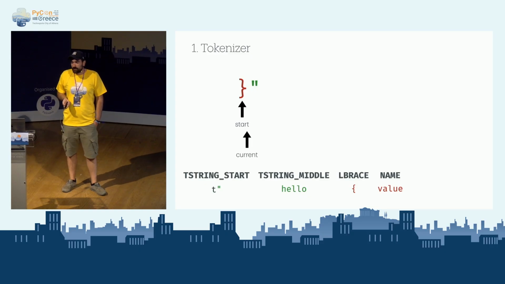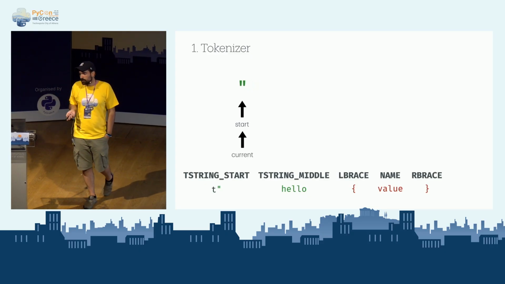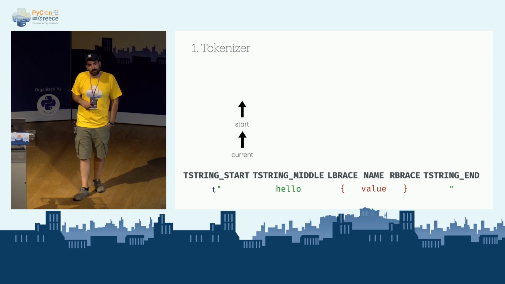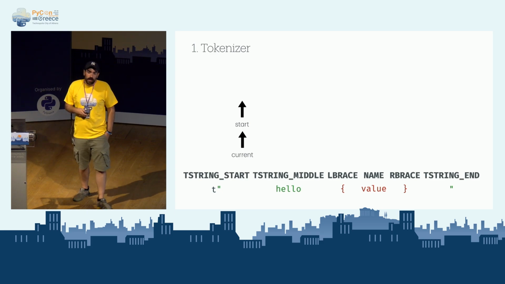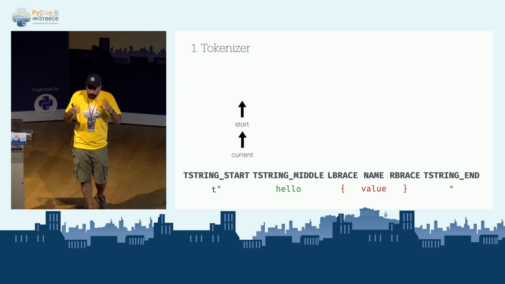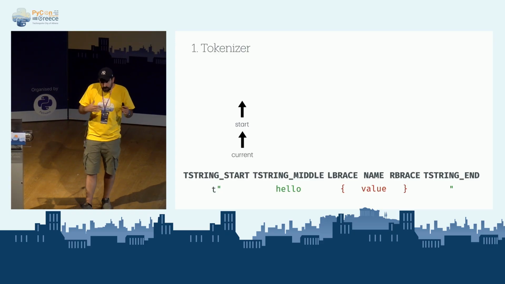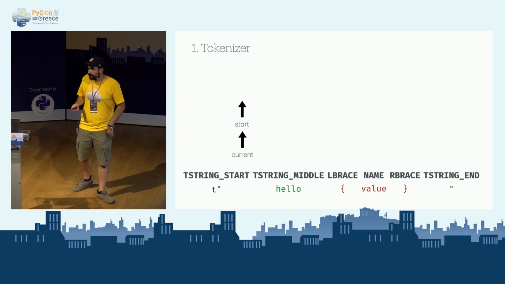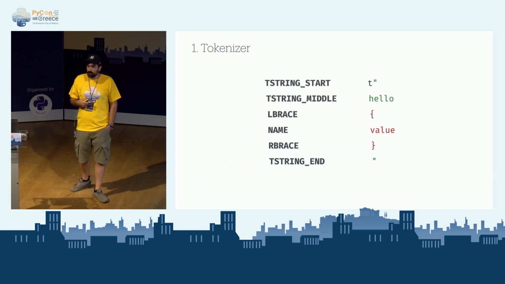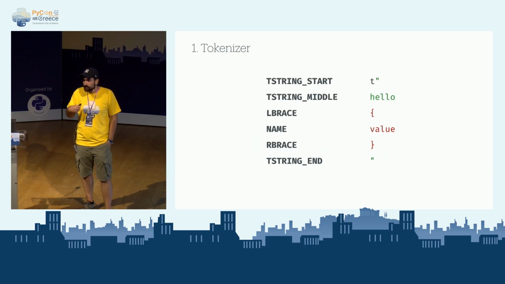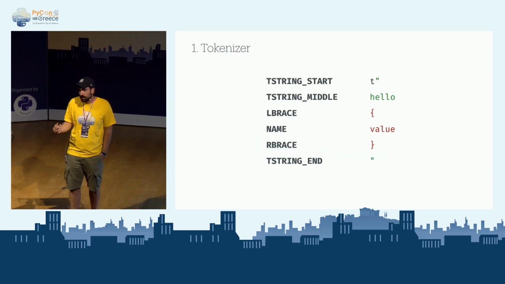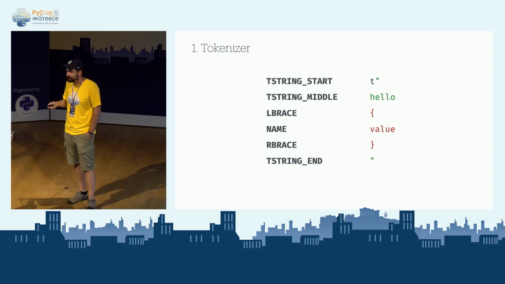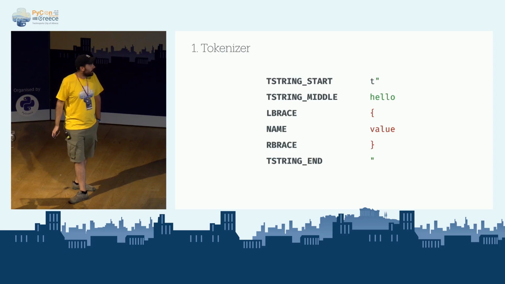And then the brace is a token by itself, and then the final quotation mark is a token we call T-string end. And so the source code has now been broken into pieces the compiler can understand in order to do what you want it to do. So this stream of tokens can now be used by the subsequent steps of the compiler to get to the final stages of running your program.